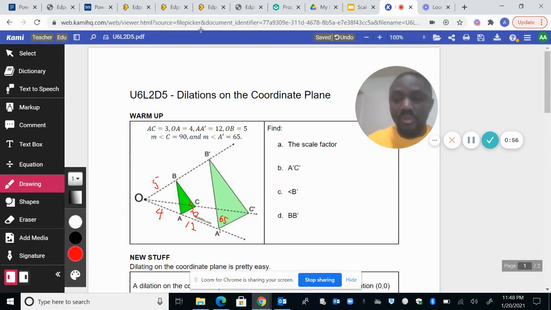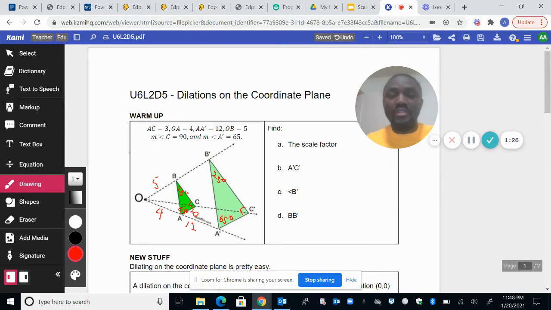So if A prime is 65, A has to be 65. And if C is 90, C prime has to be 90. So B has to be 25 because the sum of angles in a triangle is 180. So 65 plus 25 plus 90 makes 180. So it means B also has to be 25 degrees here as well.